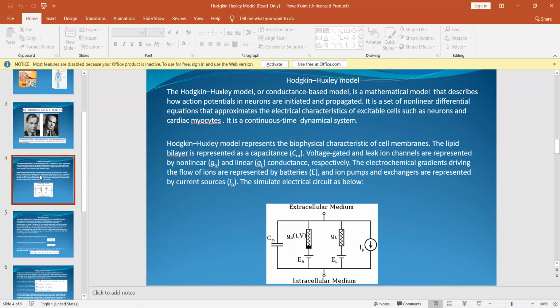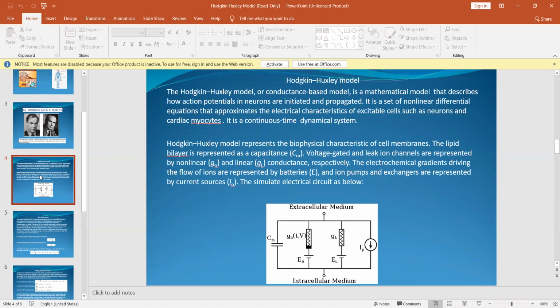The Hodgkin-Huxley model is a mathematical model that describes how action potentials in neurons are initiated and propagated.